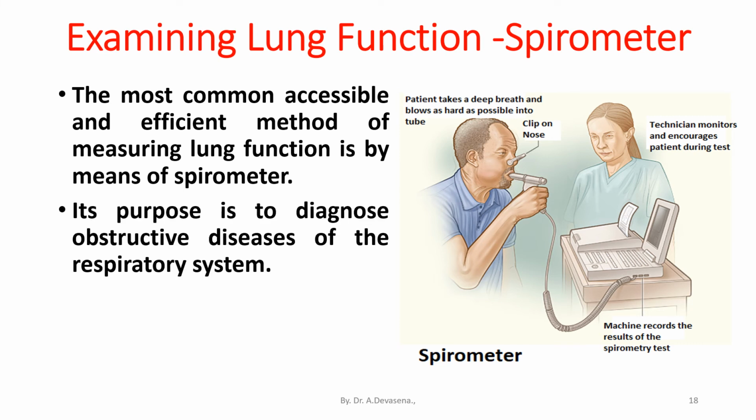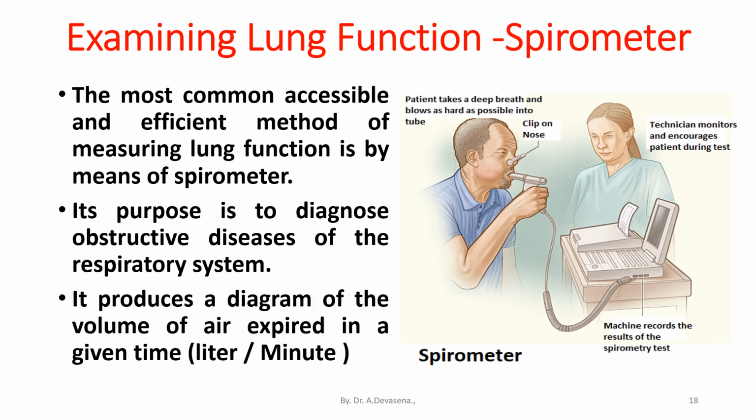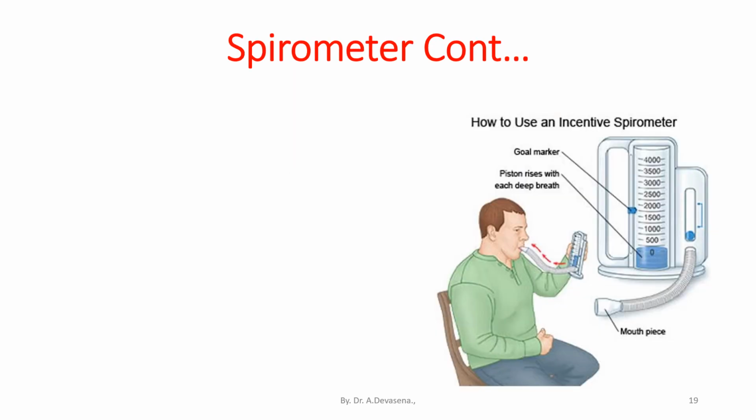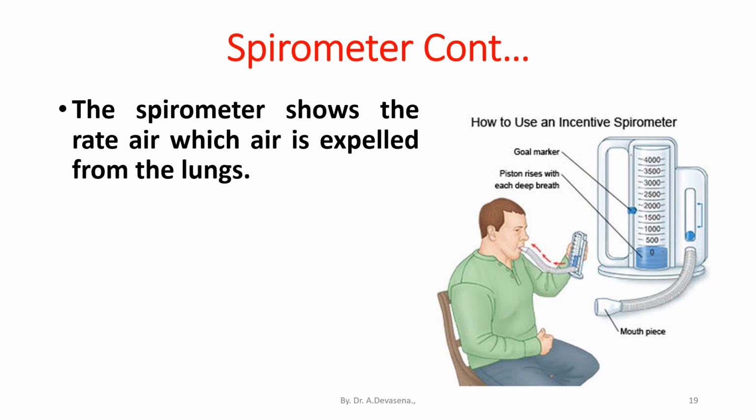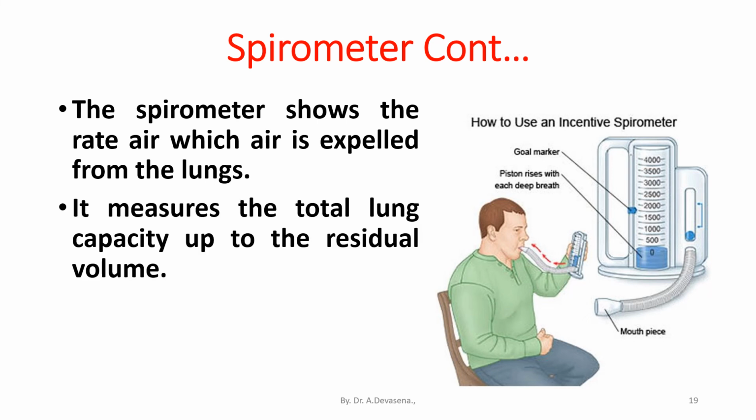It produces a diagram of the volume of air expired in a given time, that is, liters per minute. The spirometer shows the rate at which air is expelled from the lungs. It measures the total lung capacity down to the residual volume. This test does not show the rate at which oxygen is absorbed.